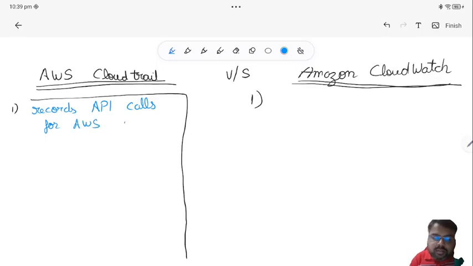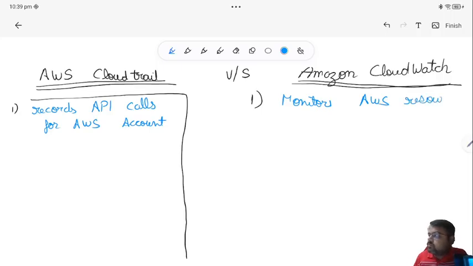And CloudWatch, what it does is, it basically monitors the AWS resources and its applications. Monitors AWS resources and applications.